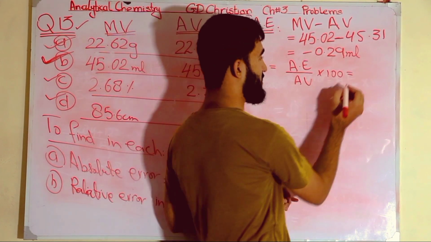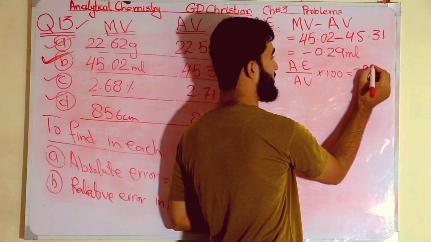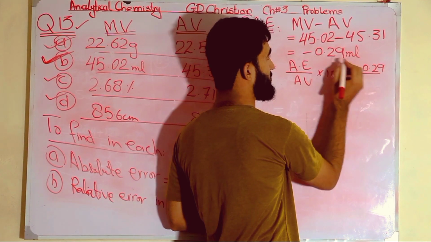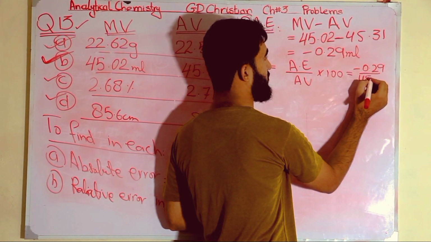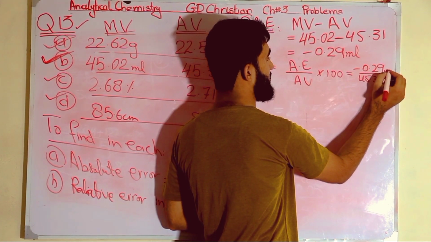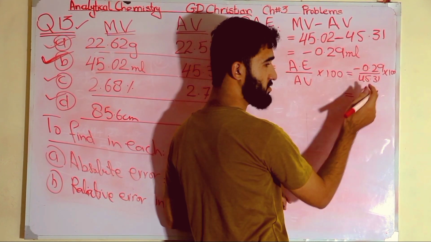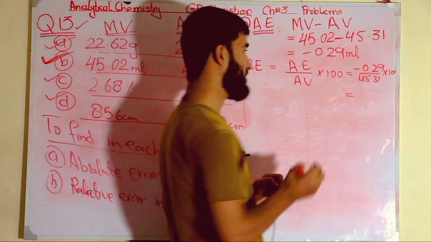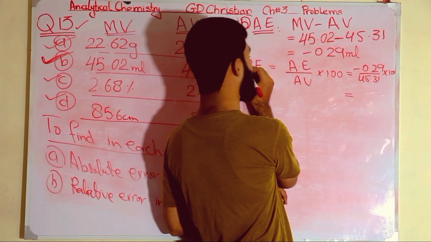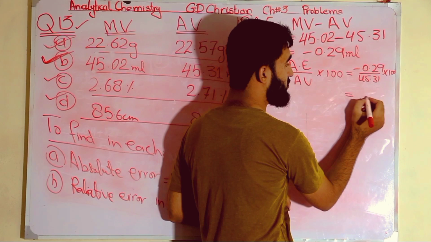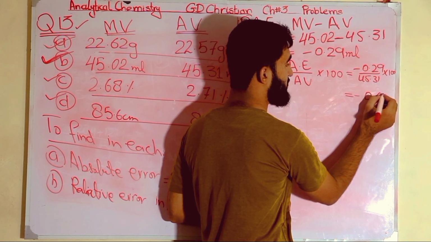By putting these values, minus 0.29 over 45.31 multiplied by 100. By solving this, we obtain the answer of percentage relative error, which is equal to minus 0.64%.